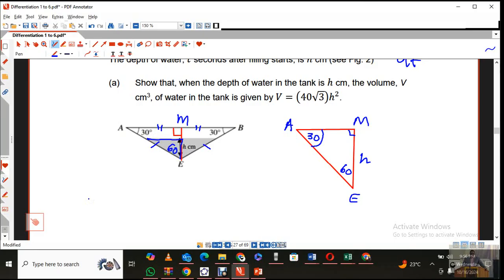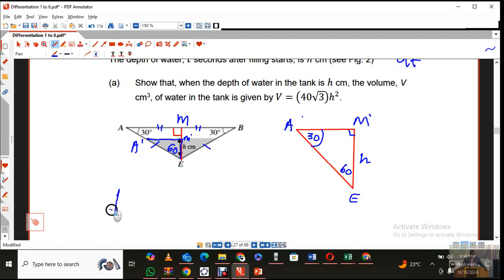Okay, so I'm not going to say AM there. I'm going to work with this little triangle in blue. So maybe I will say A dash, okay, and M dash. So you can know what I'm referring to, that little one there.